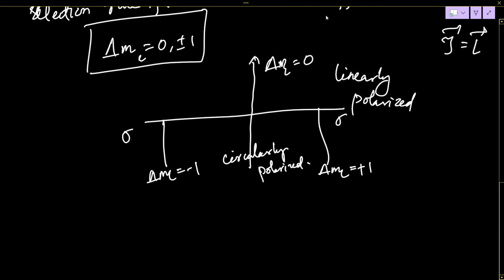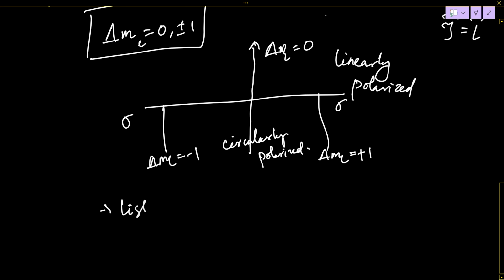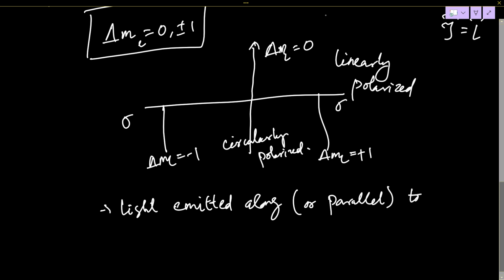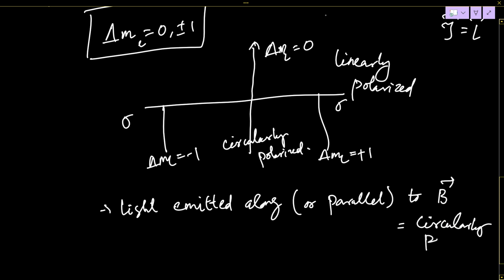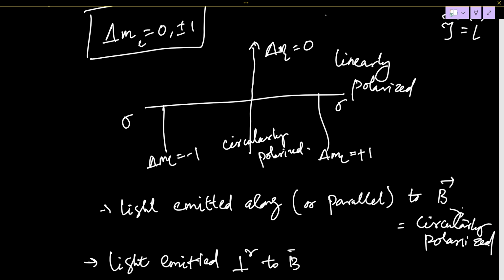So we can conclude that light emitted along or parallel to B is circularly polarized, and light emitted perpendicular to B is linearly polarized.